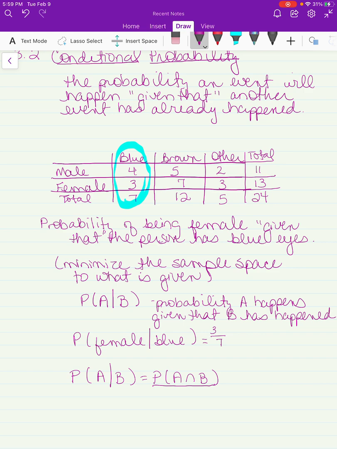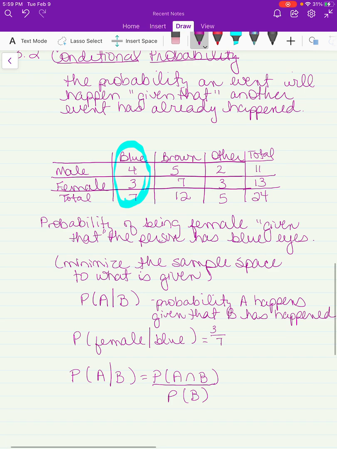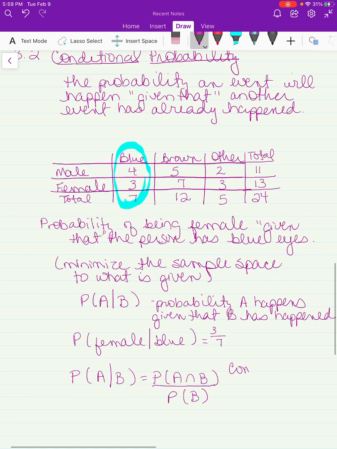And blue was what came after the given part. So the intersection out of the given, and this is the conditional probability formula.